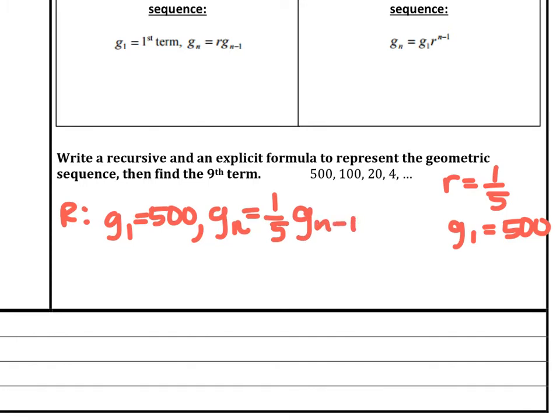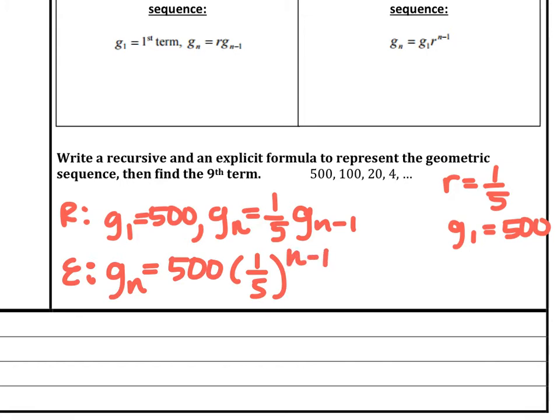You leave it like that. The explicit formula is g sub n is equal to g1, which is 500, times 1/5 to the n minus 1.